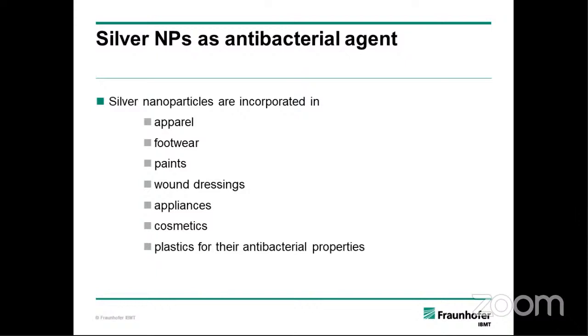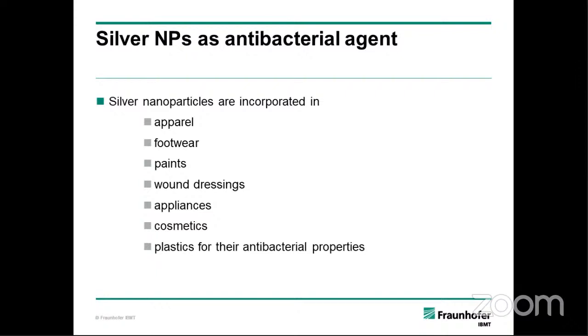and from the start of human history, we have been using silver in many things. These nanoparticles are used in apparel and footwear. For example, in our socks, the internal lining or the coating is made with silver nanoparticles.